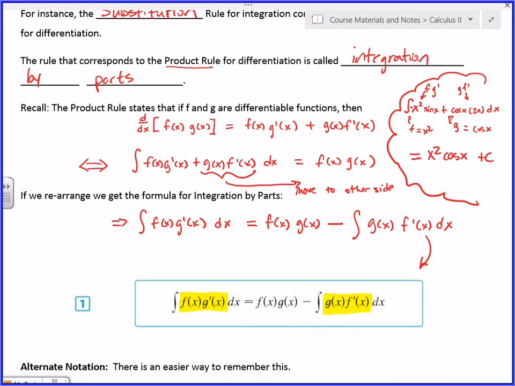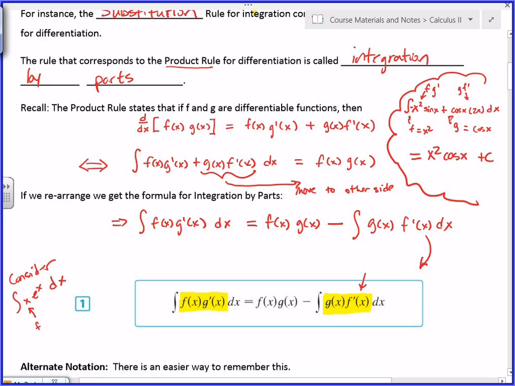So let's come back to this one that I've got up here on the board, the integral of x e to the x. Consider the integral of x e to the x dx. So here's the deal. If this x was my f, then what would happen to it over here on the right-hand side?